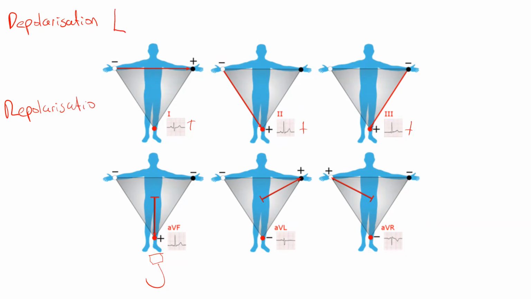Whatever lead you're looking at, lead 1, lead 2, V1 to V6, if we have depolarization that's going towards the lead we're looking at, it's going to create a positive deflection. So it's going to create a bump upwards in the electrical graph. And if we have depolarization that goes away from the lead, it's going to create a negative deflection.